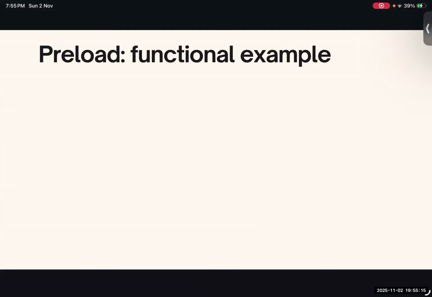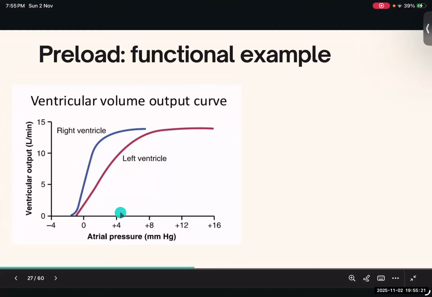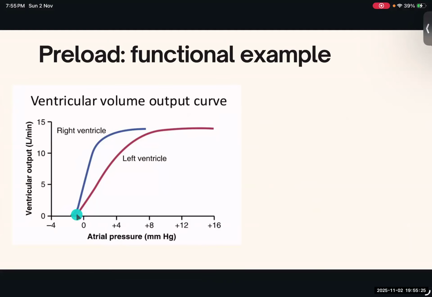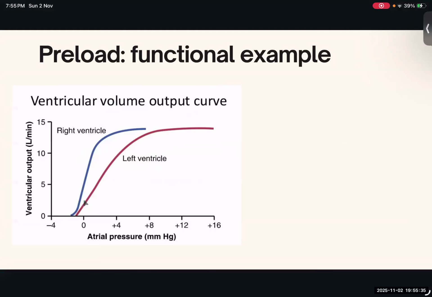Now, another example of preload is going to be the ventricular volume output curve. Again, here we see that the higher the atrial pressure is, so the more blood we pump into the ventricles through the atria, the higher that the ventricular output is going to be.